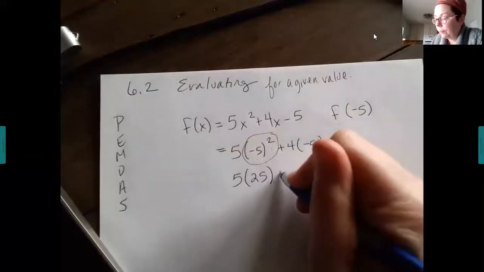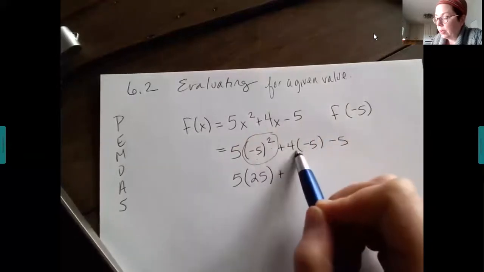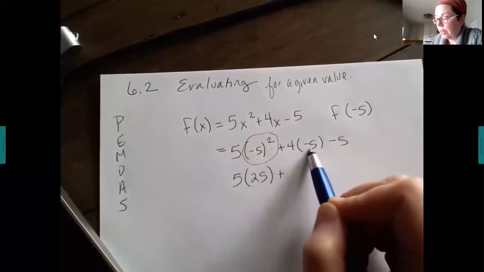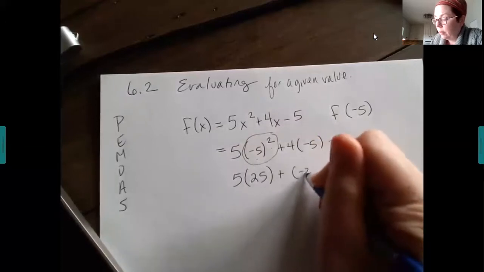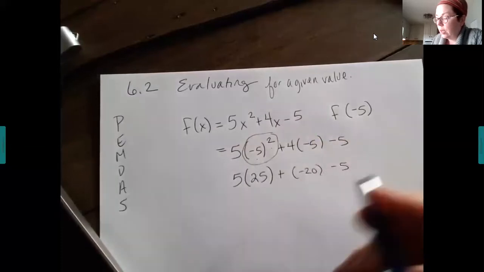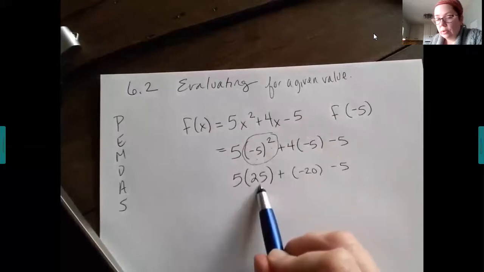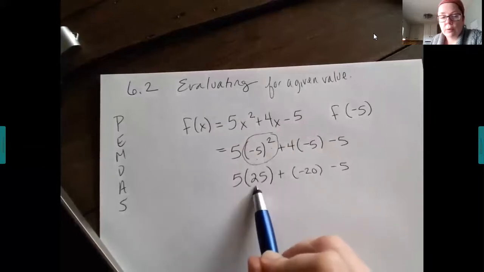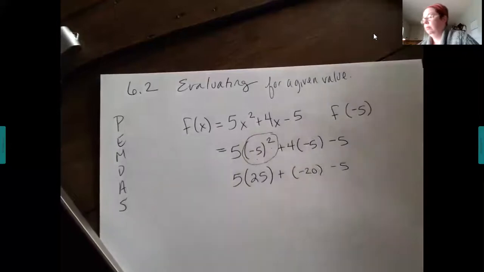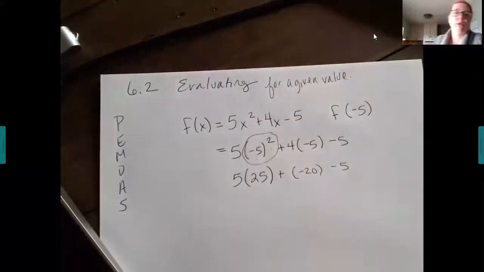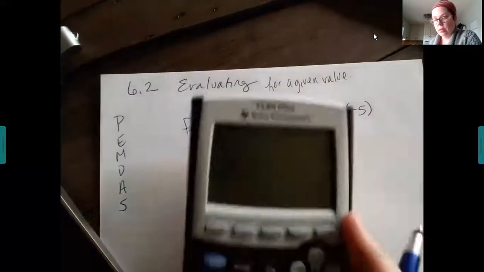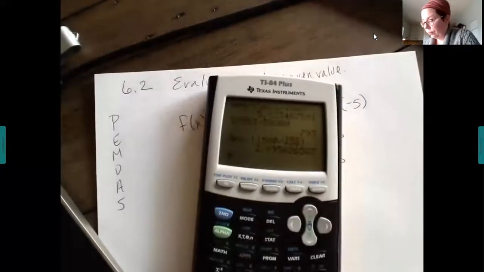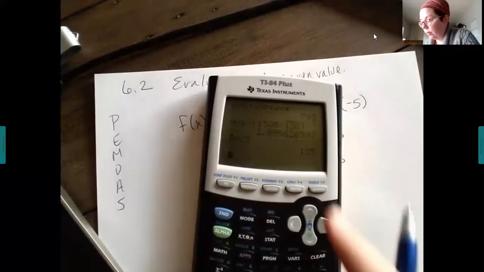Okay. This is being multiplied, so we can say 4 times -5. And the last thing we have to do is multiply this, 5 times 25. And just so I'm pretty sure I know what it is, but just in case, without the handy dandy calculator, 5 times 25, we get 125.